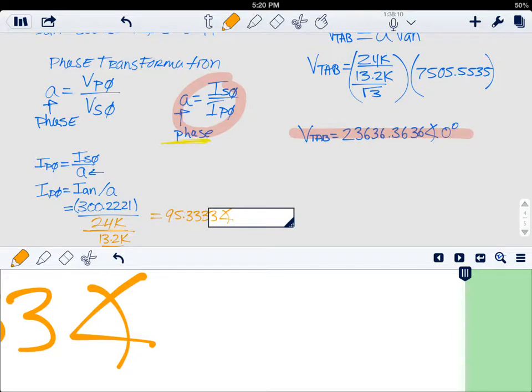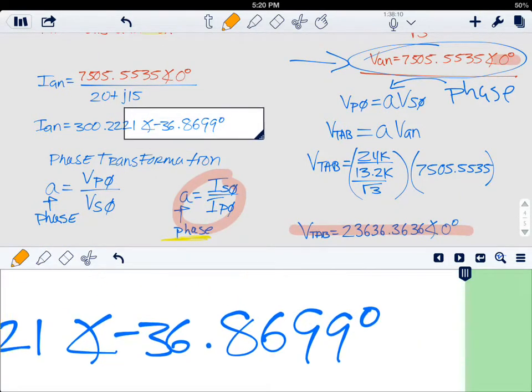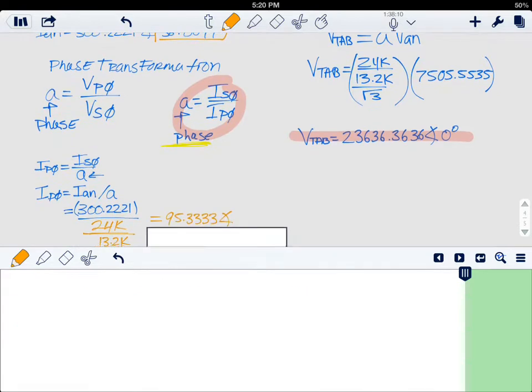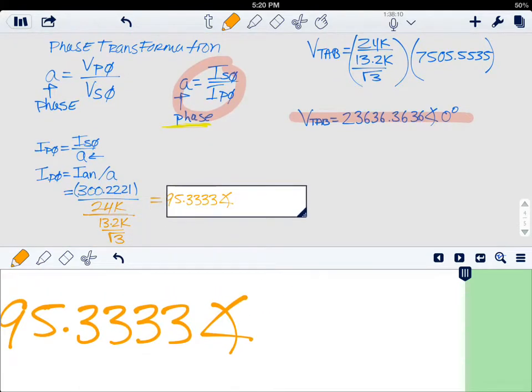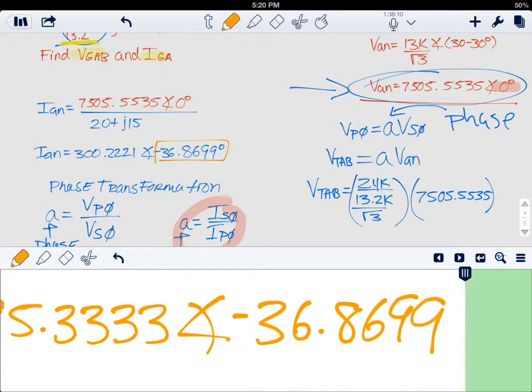As we said, the angle in the primary is going to be equal to the angle at the secondary as long as it's the phase value. In this case, the phase angle is negative 36.8699.